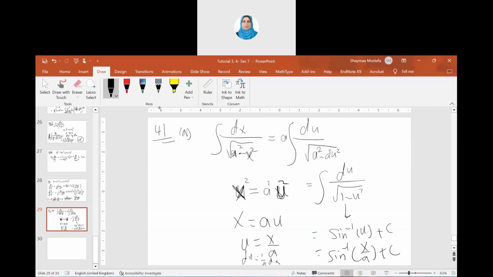Similar for the second one, 41b. 42d, the integration of 4x over 1 plus x squared times tan inverse x.